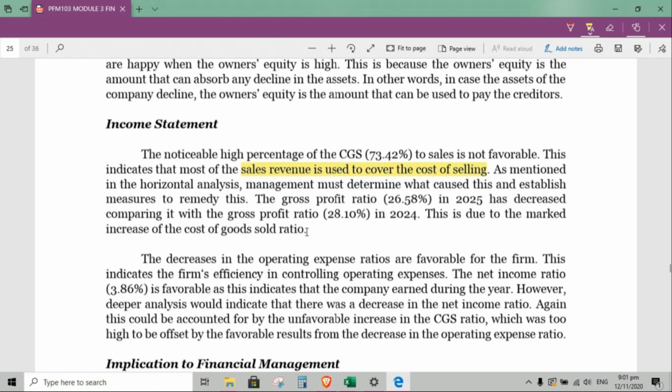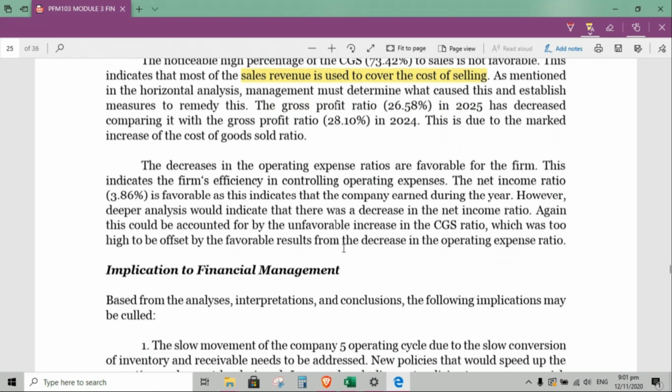So, kahit paano, meron silang improvement. But still, they have to do more and improve para mas bumaba pa yung kanilang cost of goods at ma-maximize nila yung kanilang sales. Okay, so, moreover, the decrease in the operating expense ratios are favorable for the firm.